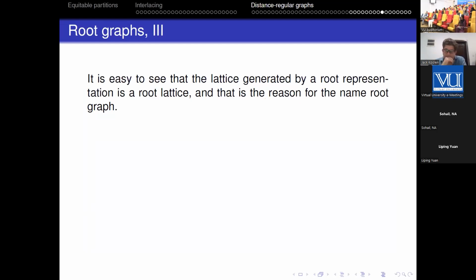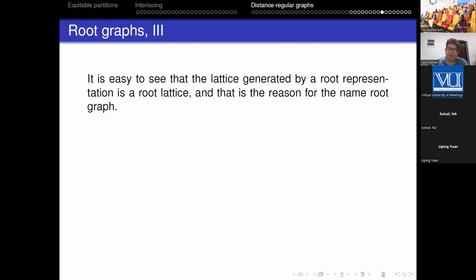And now is your question. Why do you call it a root graph? I'm not going to go into details here, but now you go to lattices, as this is not a partially ordered set.